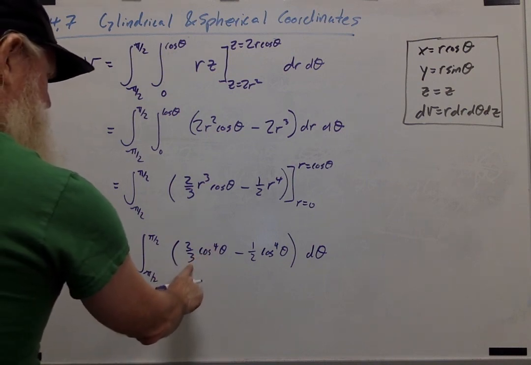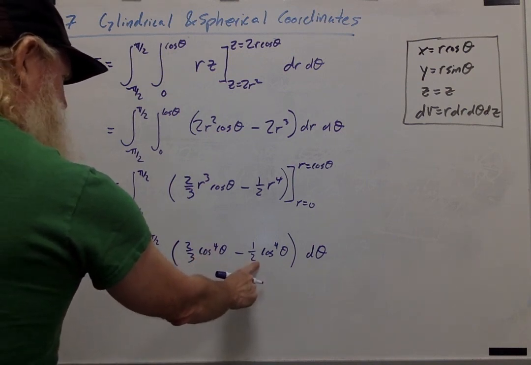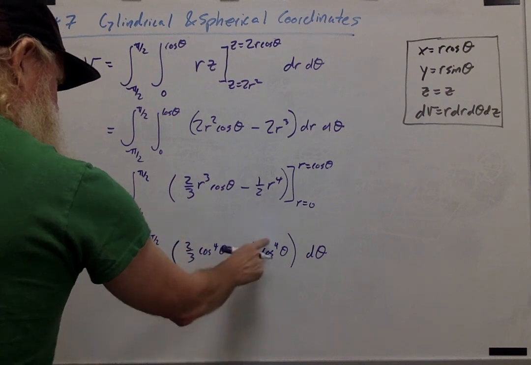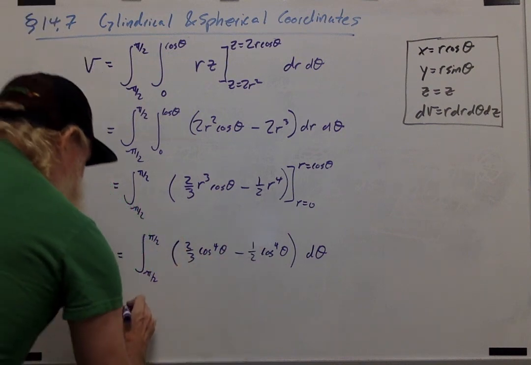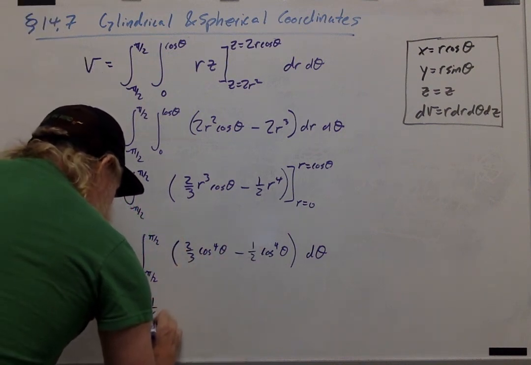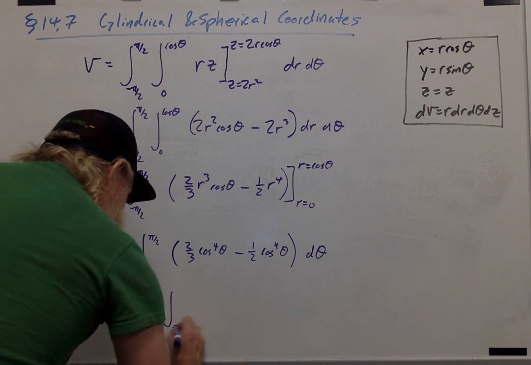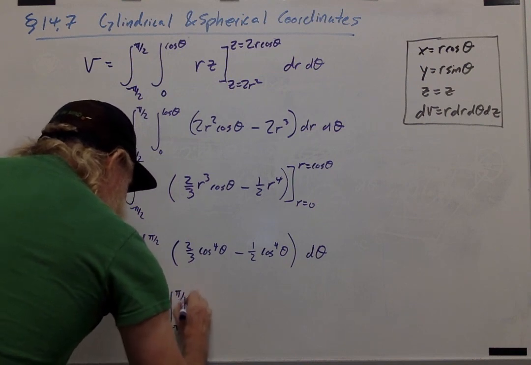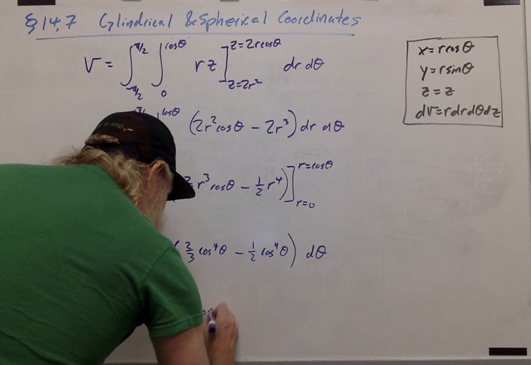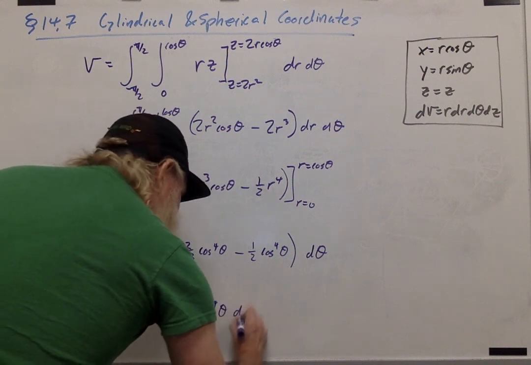Now, 2/3 minus 1/2 is 1/6. So I have 1/6, the integral from negative pi over 2 to pi over 2, of cosine to the 4th theta.